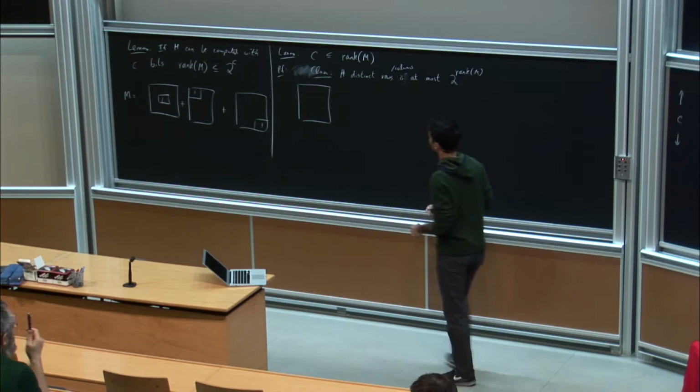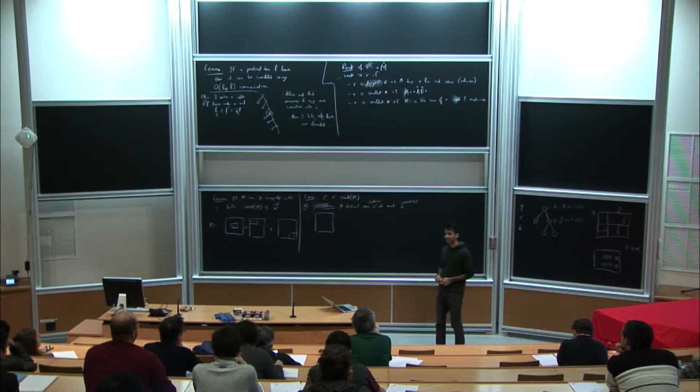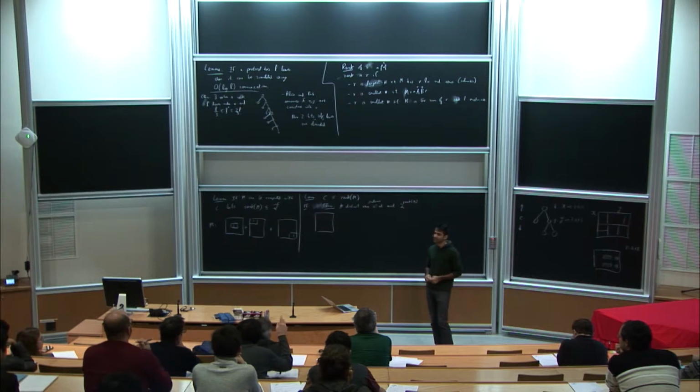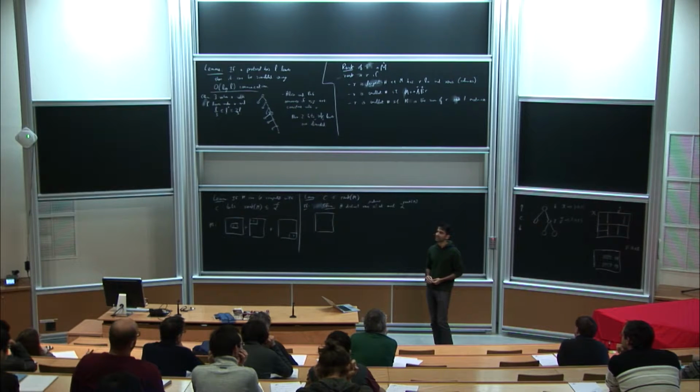Okay? Is it somehow obvious that the GF2 rank is smaller? It's a little bit ugly. The way to prove it is you first think about the real rank. For a Boolean matrix, the real rank is the same as the rational rank. That's one thing you can check. Okay, like it doesn't help to use irrational numbers.